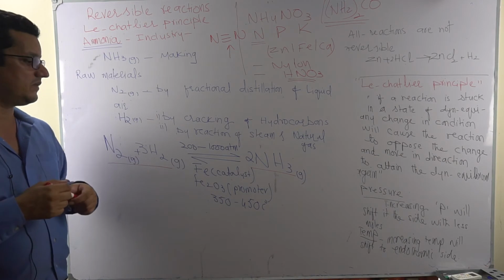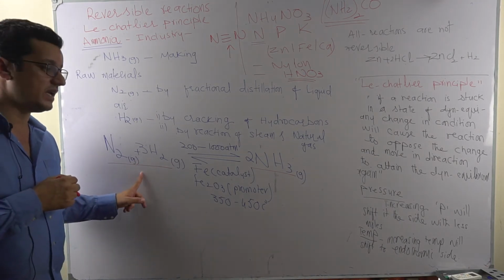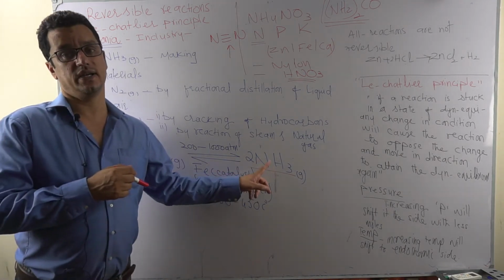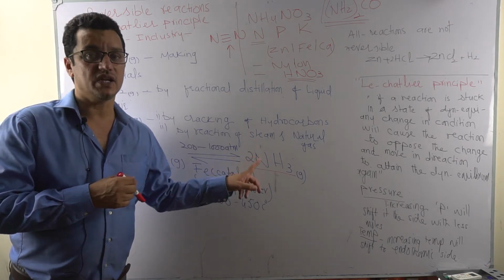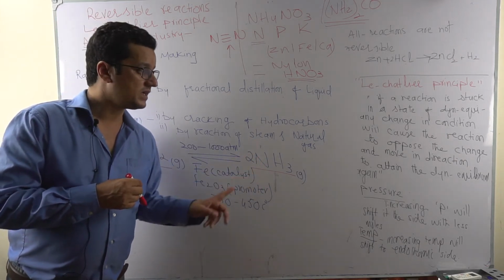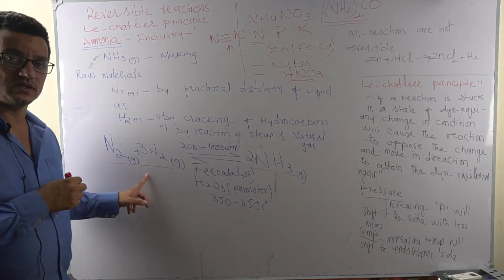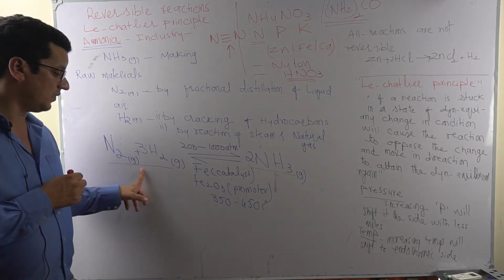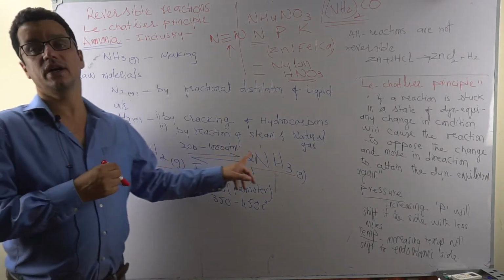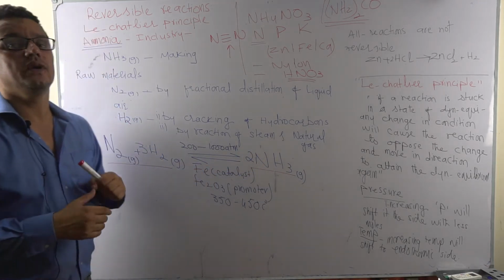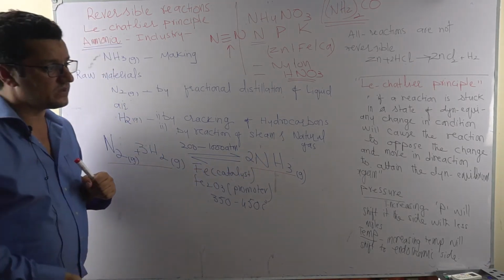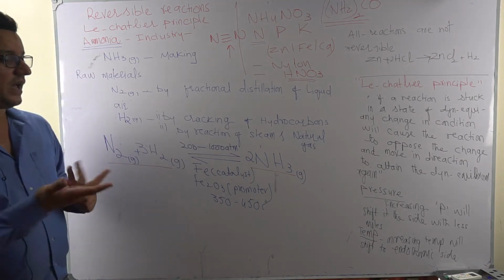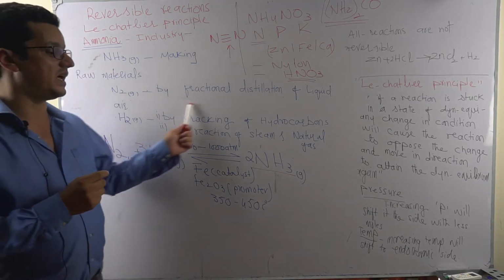Now in this case you can find there are 4 moles on the reactant side and 2 moles on the product side. When pressure comes into practice, we count only what? Moles of gases: reactants are 4 and products are 2. So if we increase pressure, the reaction will oppose the change, and by opposing the change it will move to the side with fewer moles.